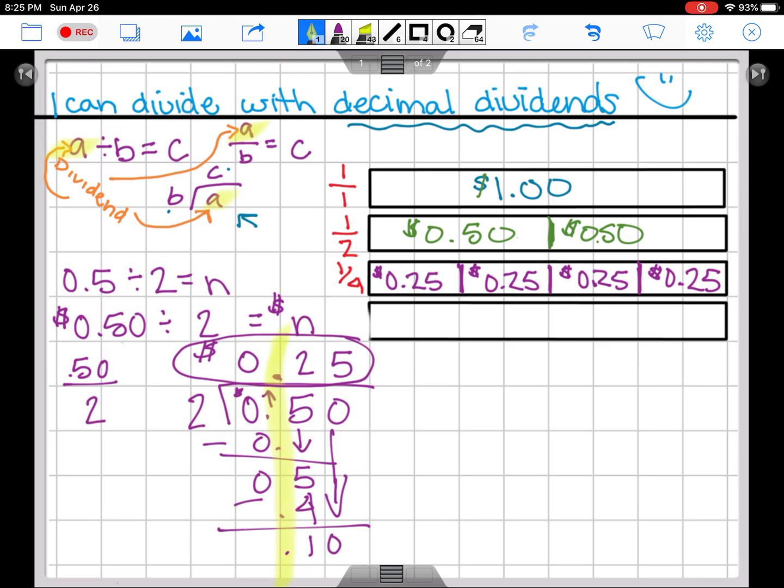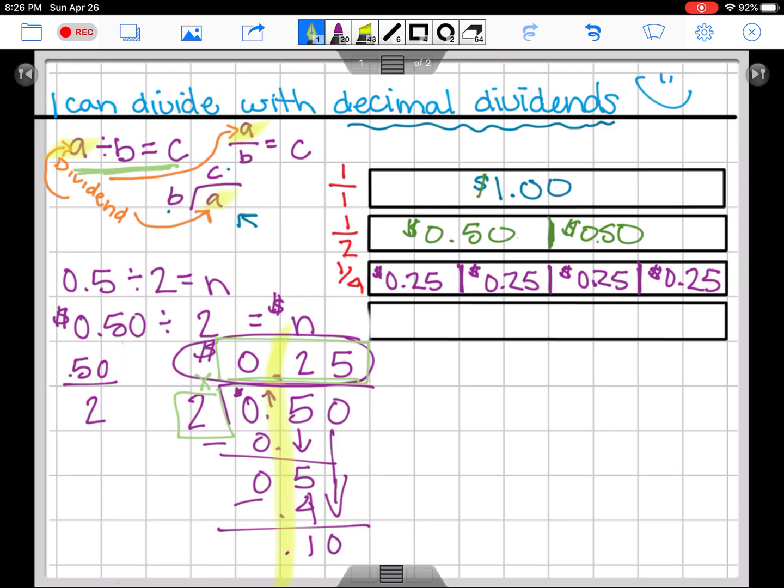Another thing I'd like to do is review really quickly multiplying to check our work, because one thing I've noticed is we are not always getting this correctly when our dividend has a decimal or when our quotient has a decimal. So remember, we need to multiply the quotient by the divisor.